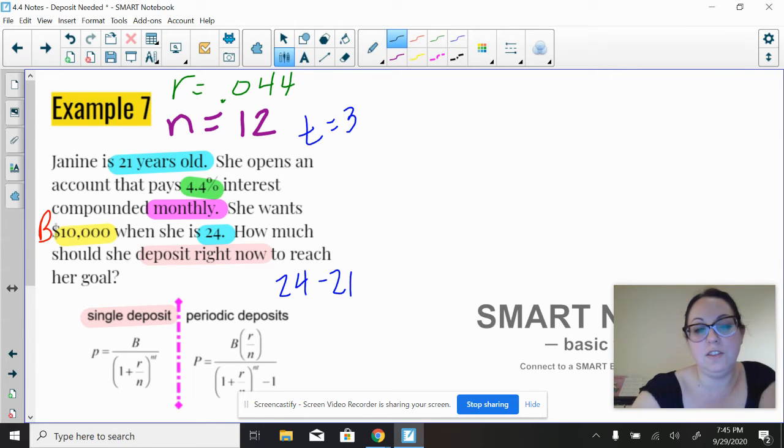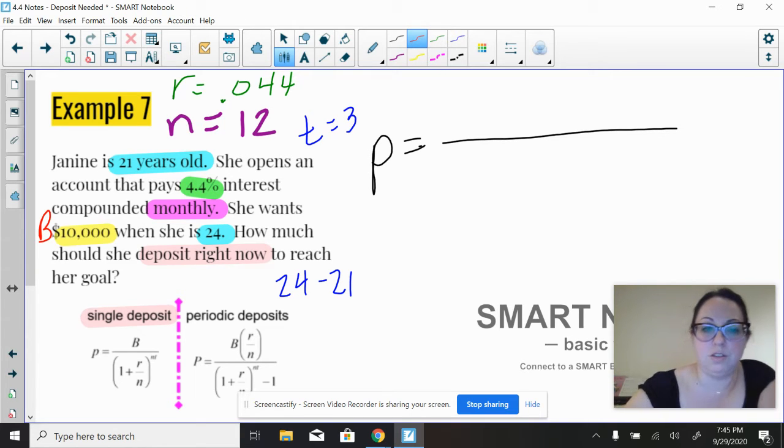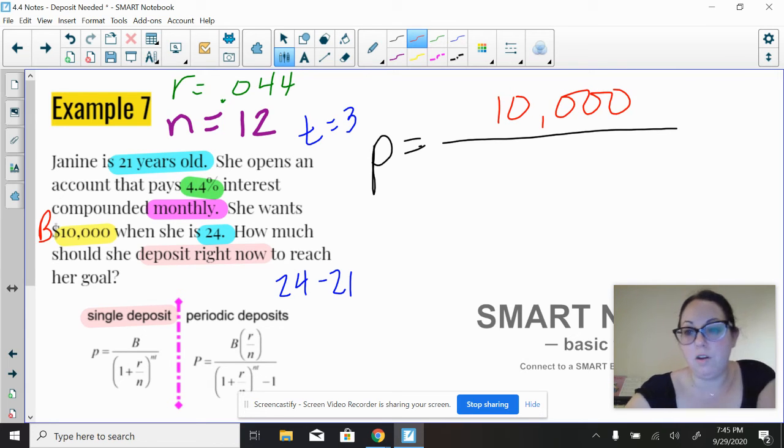So I'm plugging into the left side equation. It's going to look like my periodic deposit should equal my balance on the numerator. So the numerator is just going to be 10 grand. And in the denominator, all I have is 1 plus R over N to the NT.